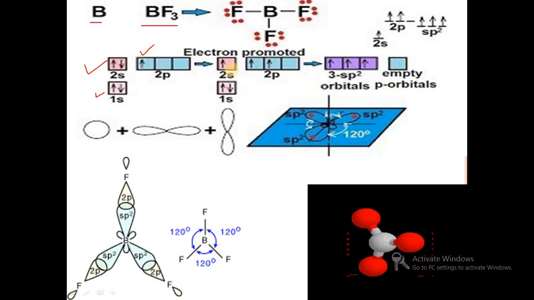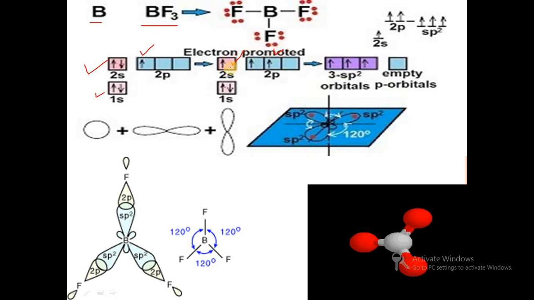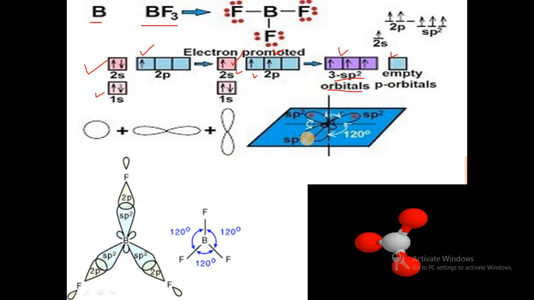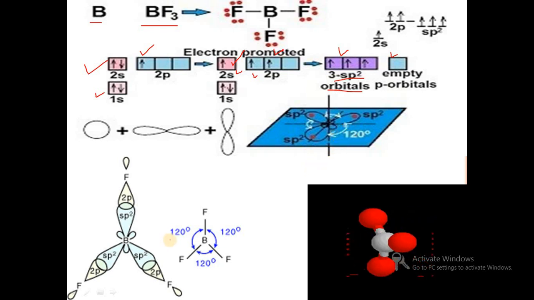In the excited state, one electron from 2s is promoted to 2p and all have unpaired electrons. This 2s and 2p mix and recast, and we get 3 sp2 hybrid orbitals, and the last pz orbital is an empty p orbital. So this is the sp2 hybridization in which the bond angle is 120 degrees.